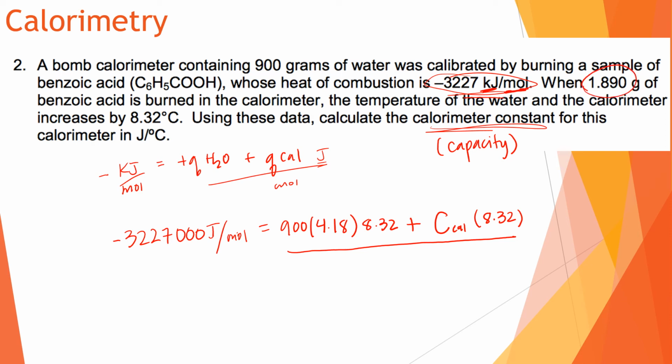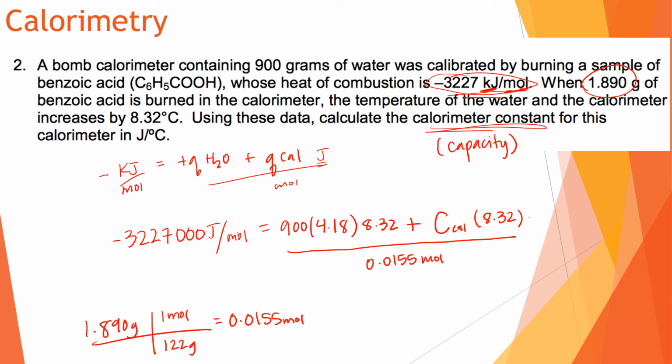So if I have 1.890 grams, I can figure out how many moles that is. So I have 0.0155 moles. So I know when I divide however much heat this much benzoic acid released by how many moles there were, I get how many joules per mole.